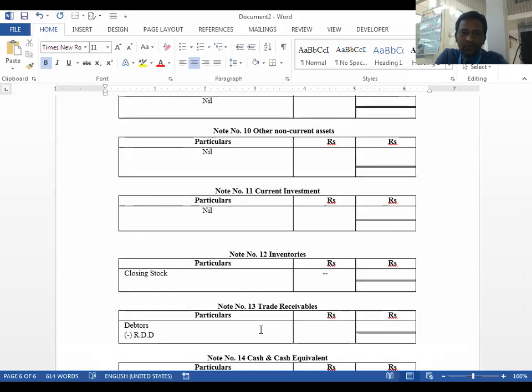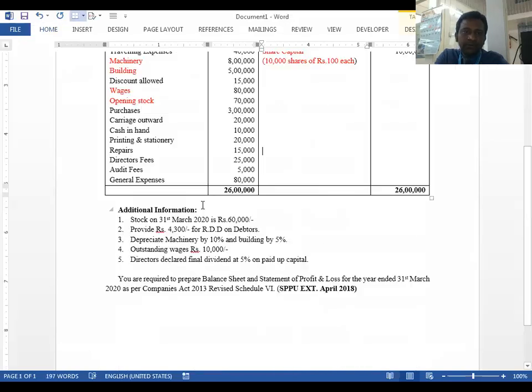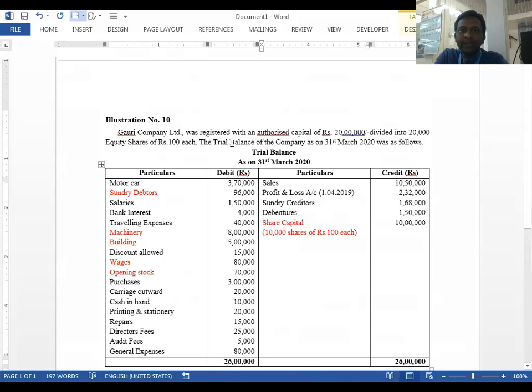Fine. Now here, Gauri Company Limited was registered with an authorized capital. Authorized capital is given above the trial balance. How many? 20 lakhs divided into 20,000 equity shares of rupees 100 each.